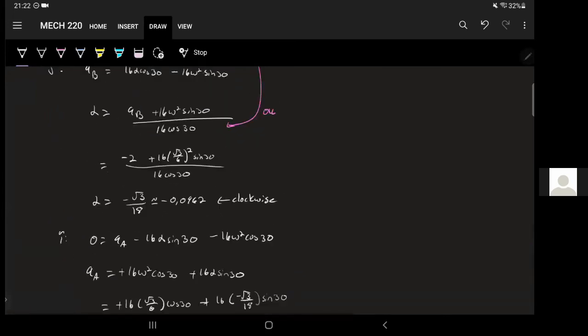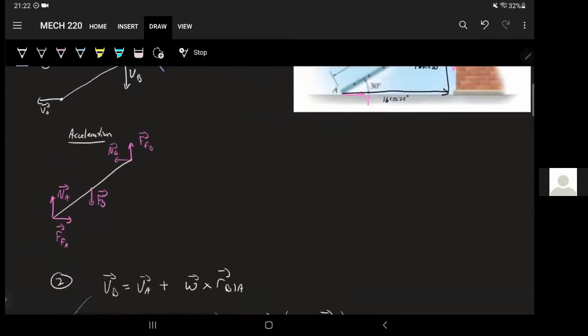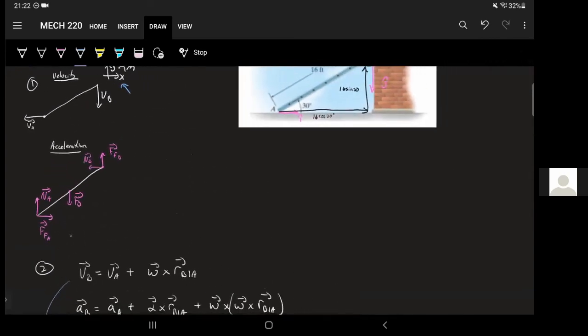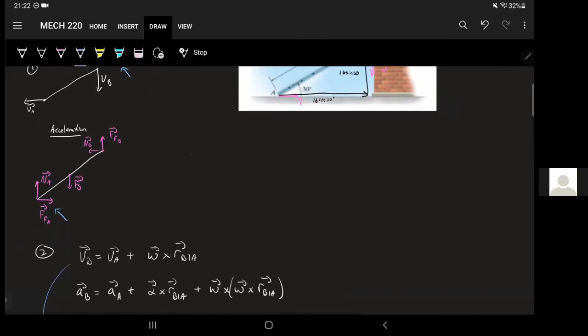And if we go back to the free body diagram that I drew at the beginning, if we look at A, the only part where you'll have movement will be on this axis, and the only force acting on it is this friction here.